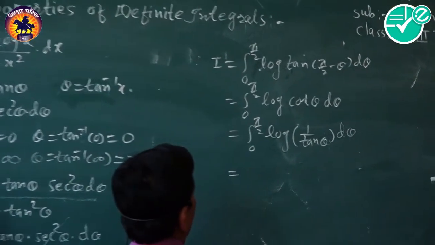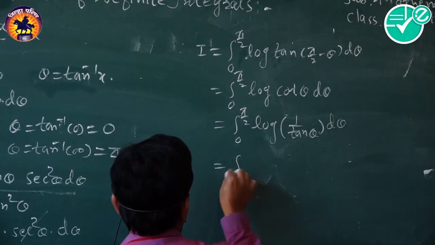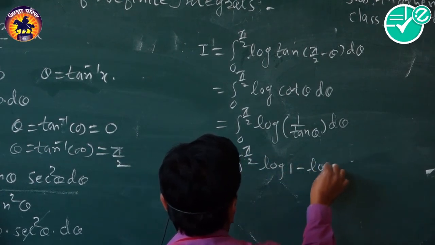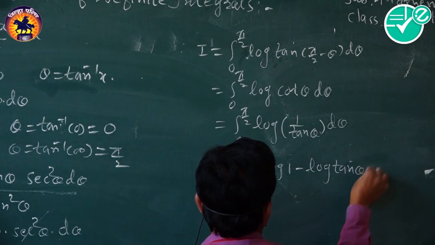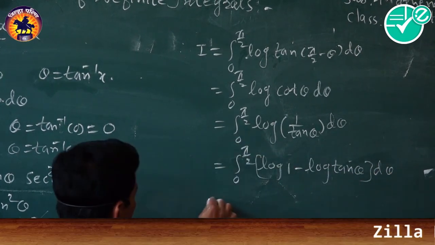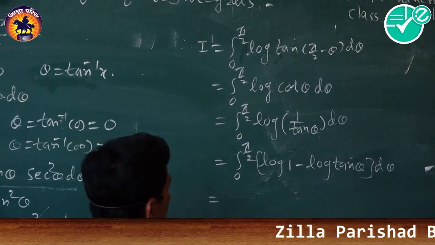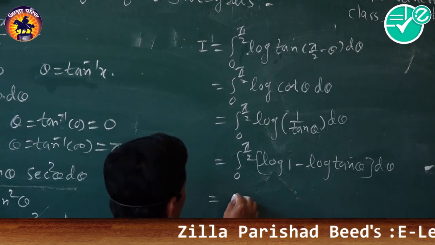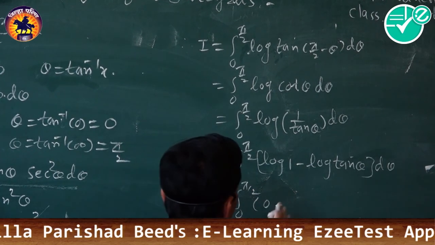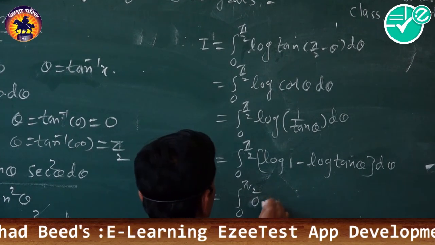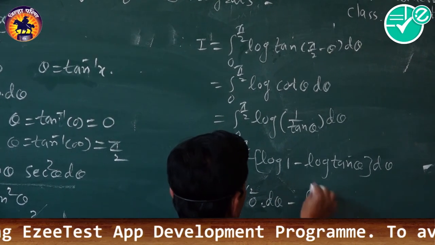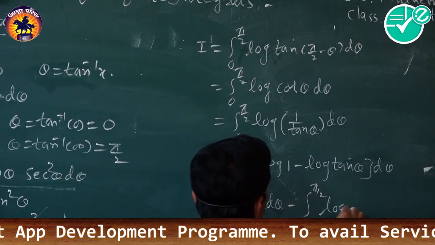This is equal to integration from 0 to pi by 2 of log of 1 minus log of tan theta into d theta, and this is nothing but, since log of 1 is 0, 0 to pi by 2 of 0 into d theta minus 0 to pi by 2 of log of tan theta.